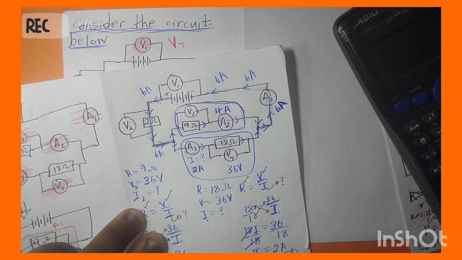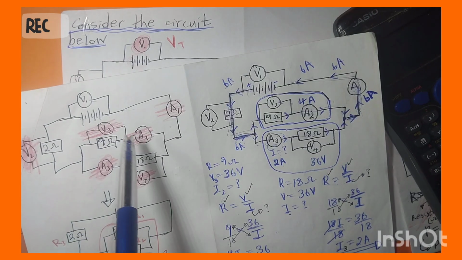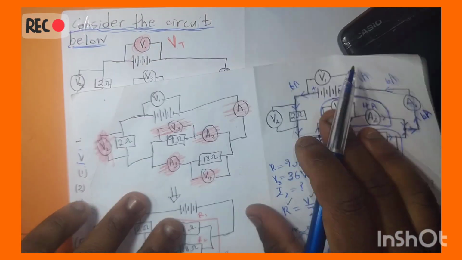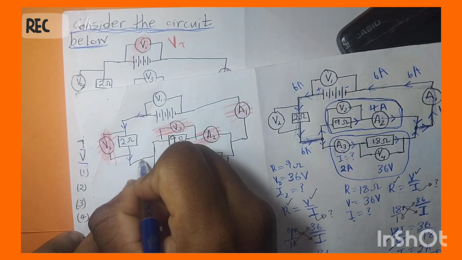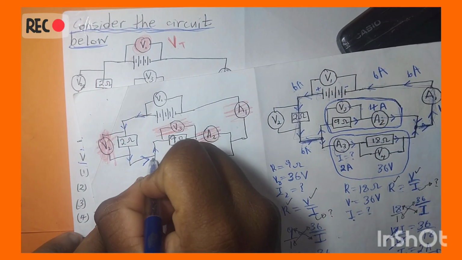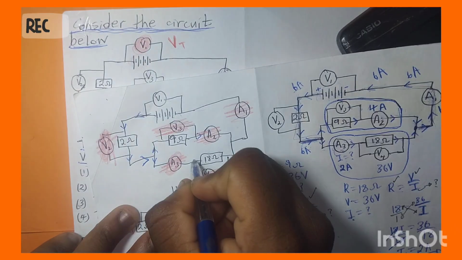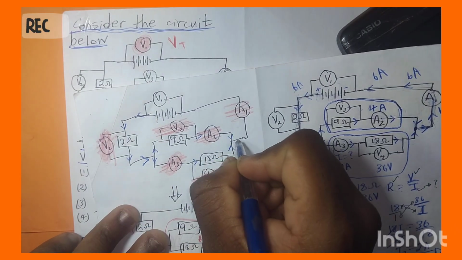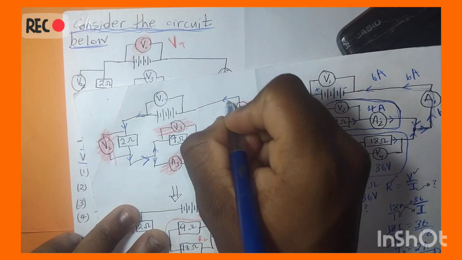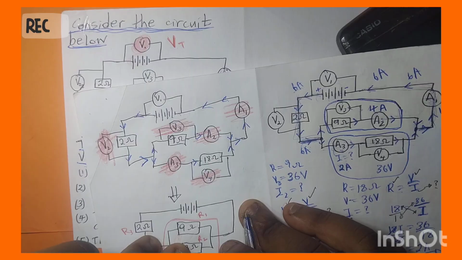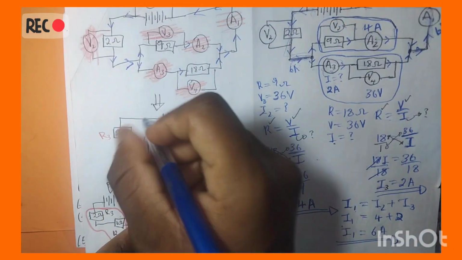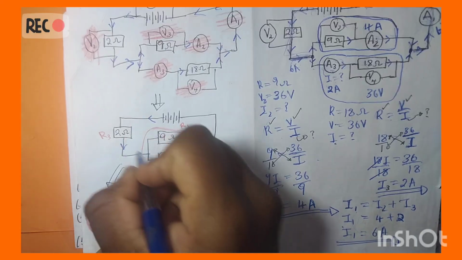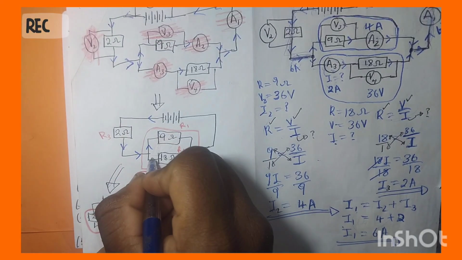So we know that current is delivered by the battery. Then it separates here, then it gets combined, then it moves here. Do you see? So we know that current that is delivered by the battery.